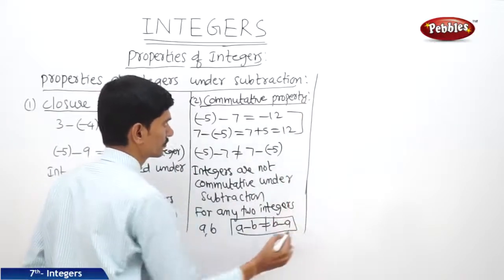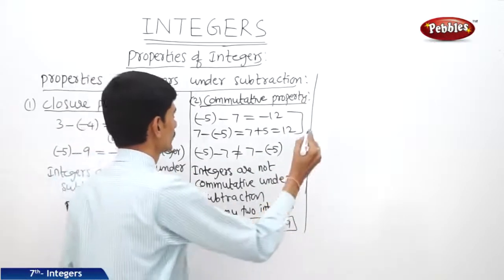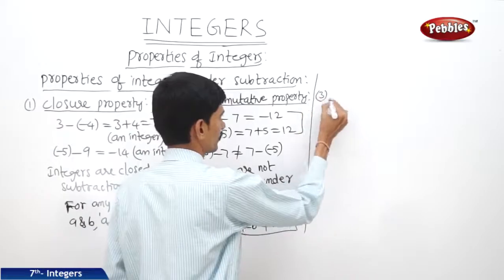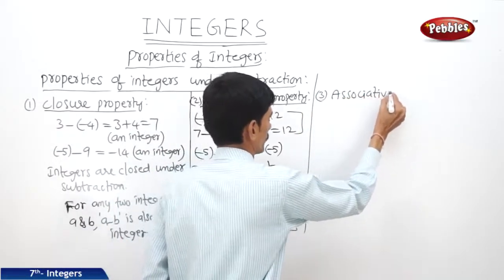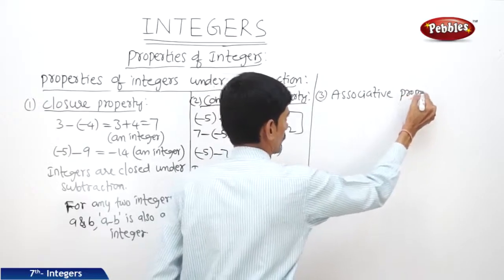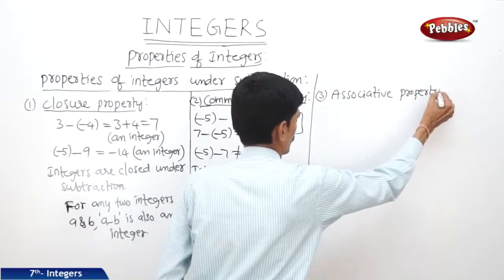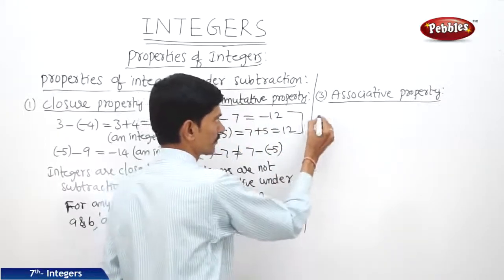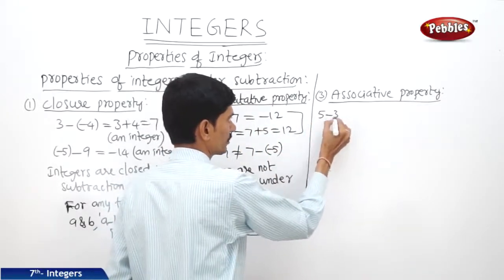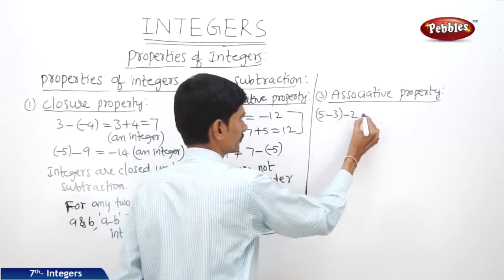Now let us write the associative property. Now here also we can observe that 5 minus 3 of minus 2.